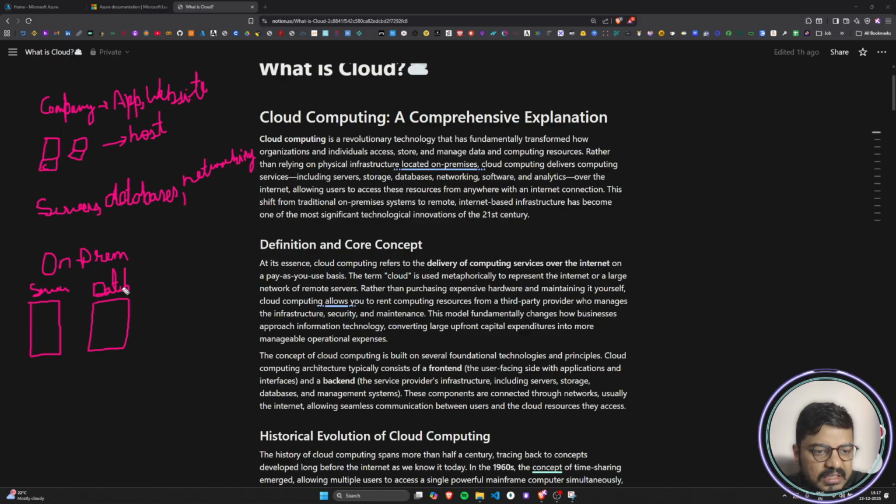It will be another headache: you buy a server, add databases, then attach the networking so that these servers can talk to each other. Then you should have some kind of space where you will be handling and managing these servers, and again some kind of storage ready for you.